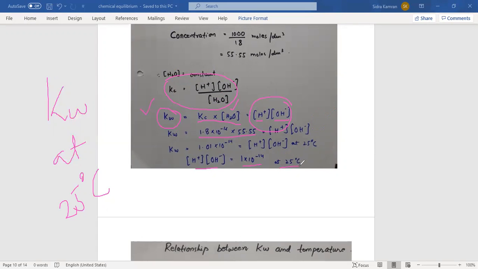By this we come to know that the ionic product is 1 × 10^-14 at 25 degrees Celsius. When the temperature changes, the value of Kw will change. Let's see the relationship between the ionic product of water and the temperature.